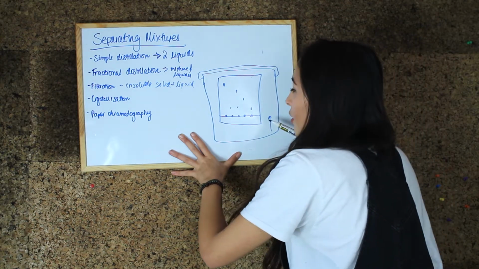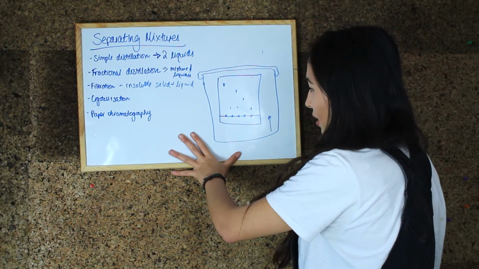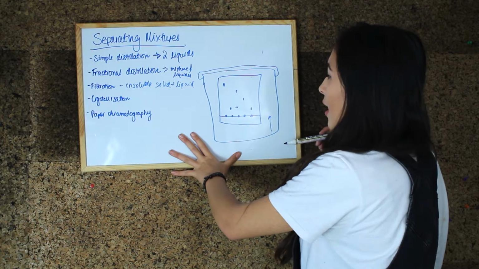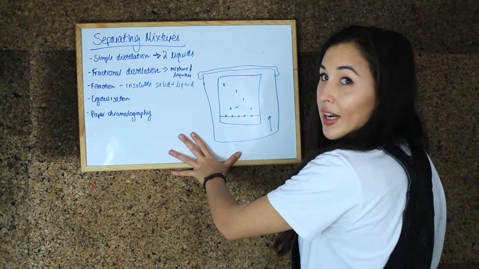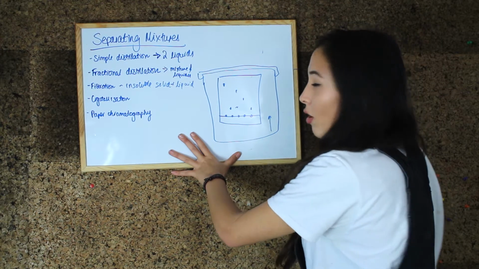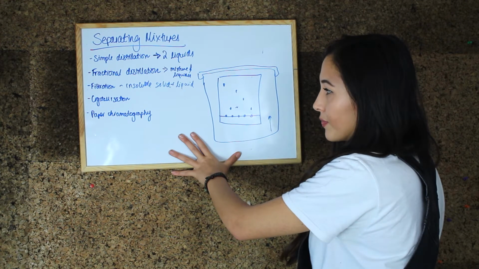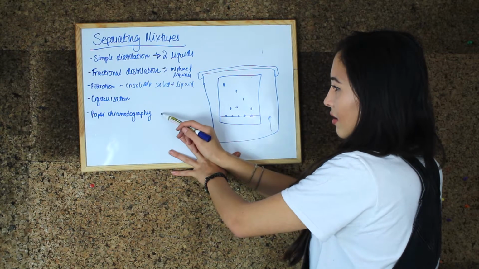The reason why you get the different blobs ending up in different positions is because each of the compounds will travel at a different rate within the liquid, because they'll have different interactions, and this is how you separate these out. So this is quite common for inks or for food colorings. Again, it's liquids, but it's not really dependent on boiling point.